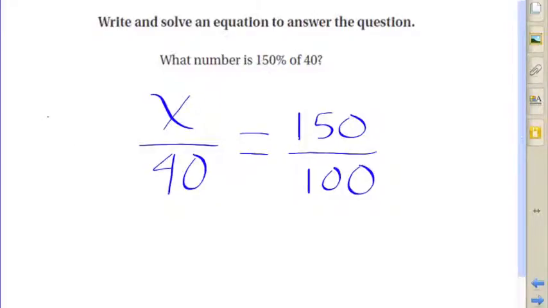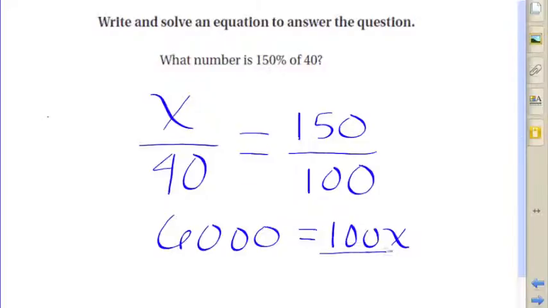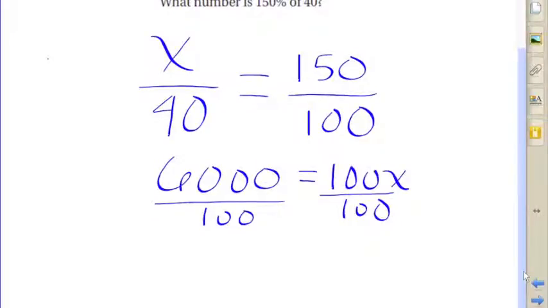They're both in the numerator. What number, which is x, is 150. And the percent is always over 100, so that's why 100 is in the denominator under 150. The only one left is 40, so basically what number out of 40 is 150%. Cross multiply, divide, find your solution for x, and you have your answer.